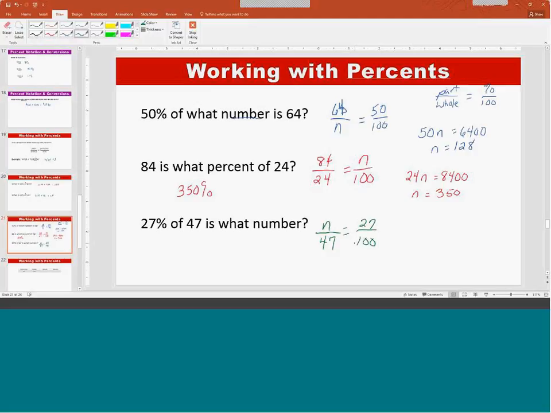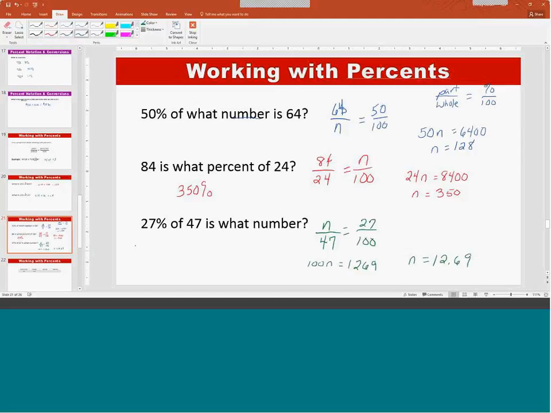You could write it as a proportion and cross multiply, so that would be 100n is equal to, I believe, 1,269. Divide 1,269 by 100, and you find out that n is equal to 12.69.